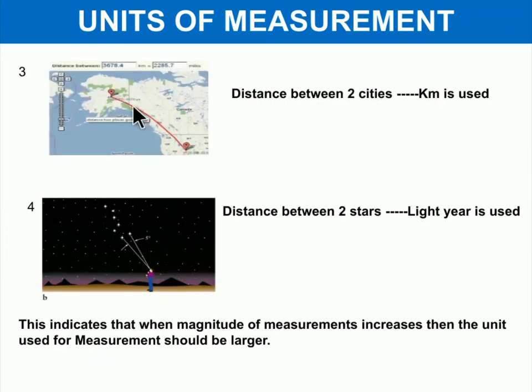For measuring distance between two cities, kilometer is used. For measuring distance between two stars, light year is used. This indicates that when magnitude of measurements increases, then the unit used for measurement should be larger.